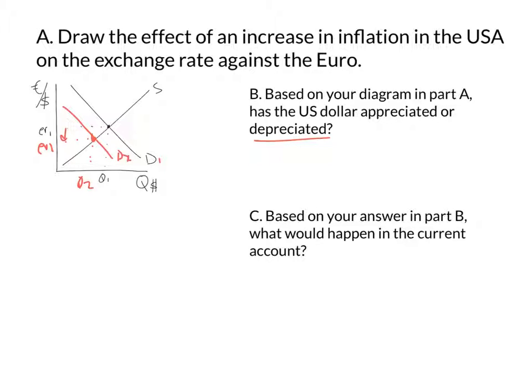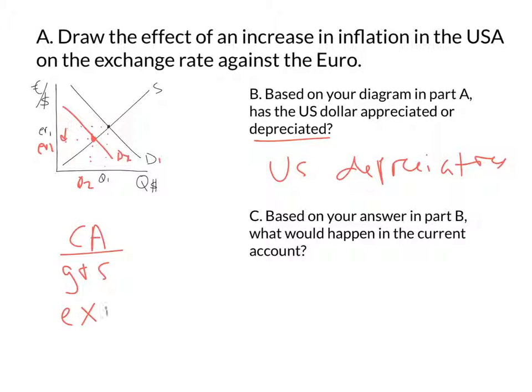Now for the extension, it kind of ties together the foreign exchange market and the balance of payments. So based on your answer in part B, which was that the US dollar depreciates, what would happen in the current account? So a reminder that the current account is the trade in goods and services, exports and imports.